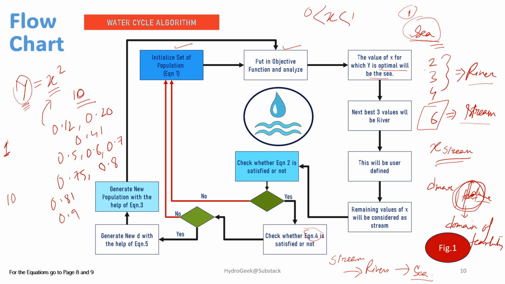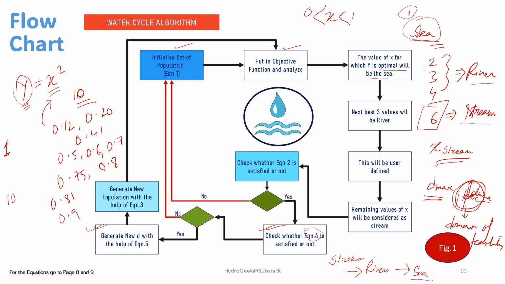So yes, if this is also yes, then we will go to this part, generate new T. Remember this D max that you are checking at this step, equation 4. This D max also gets changed at every iteration and imbibes adaptability in this algorithm.